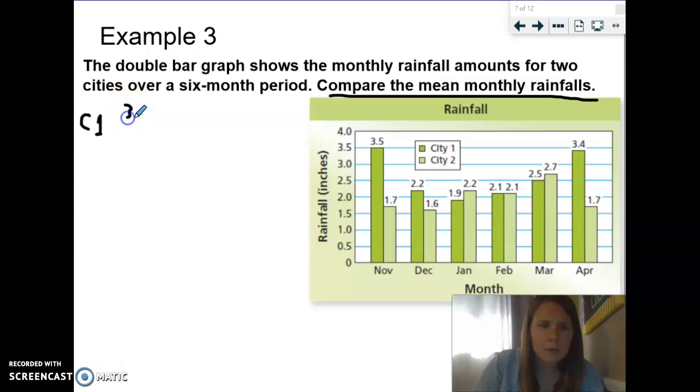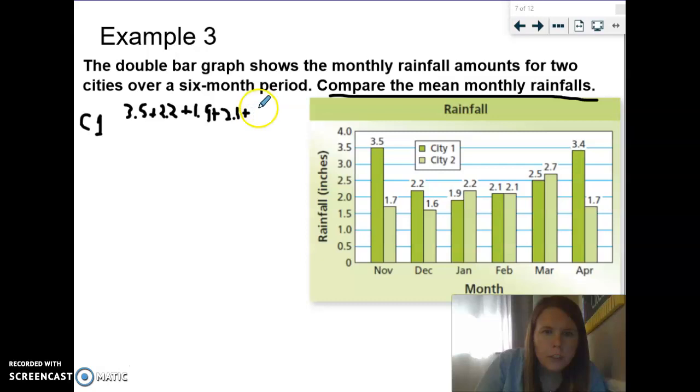So you have 3.5 plus 2.2, it looks like, for the next month. Let's see, for January, there's 1.9. For February, it's 2.1. For March, it's 2.5.